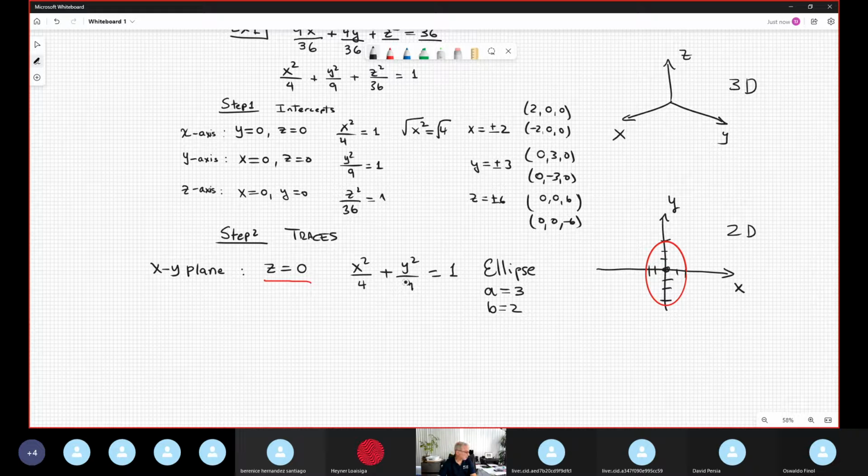Okay, so y is 3 and x is 2. I need to recall the conic sections that you see in precalculus.